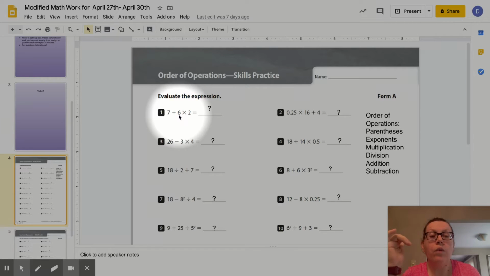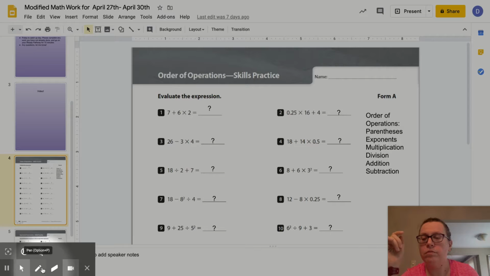So then we would move on to, are there any exponents? And again, in this problem, no, there are not. So then we would move on to, is there any multiplication? And the answer there is yes, 6 times 2.